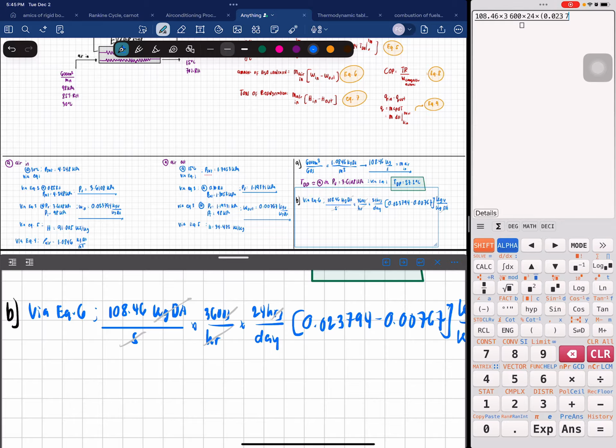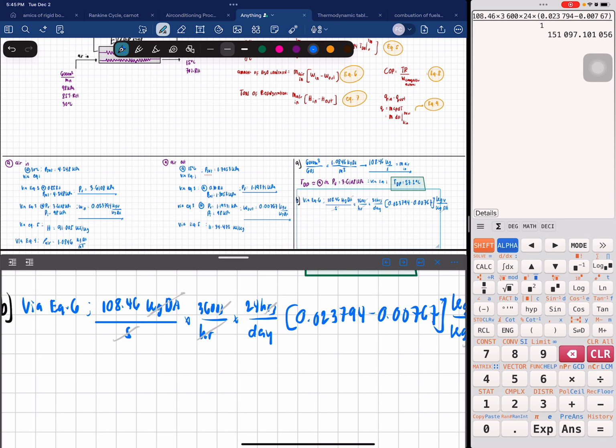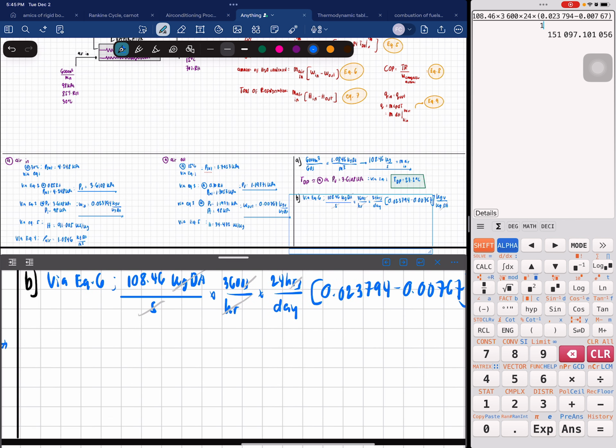So the amount of water condensed is around 151,097.1 kilograms of vapor per day, or kilograms of water condensed per day.